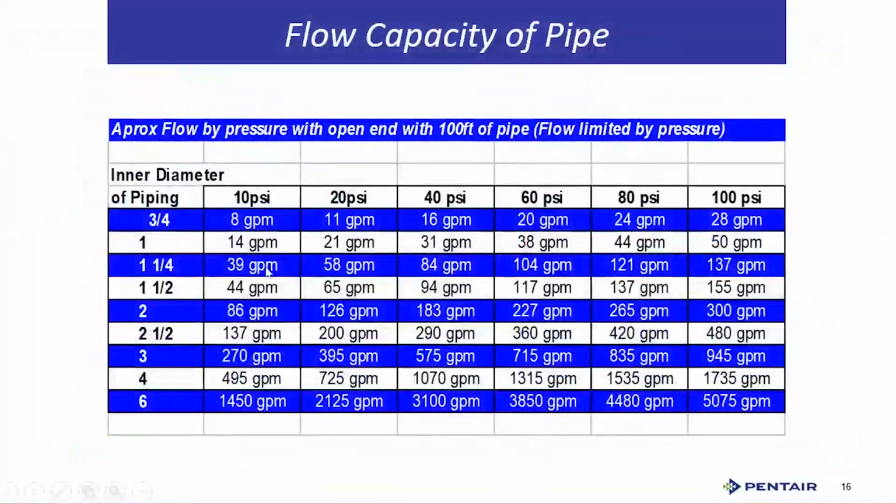So let's take a look at that 1.25 inch valve. At 50 GPM, I can go down as low as 20 PSI on a 1.25 inch pipe. This is the pipe by itself. This isn't necessarily what the valve can do either, but this is the flow demand that pipe can carry. This is our target. A 1 inch line is way too small. We'd have to be running up at 100 PSI to get that 50 GPM.